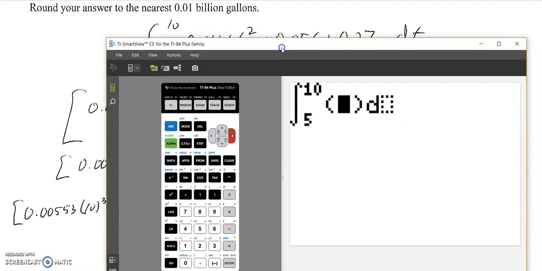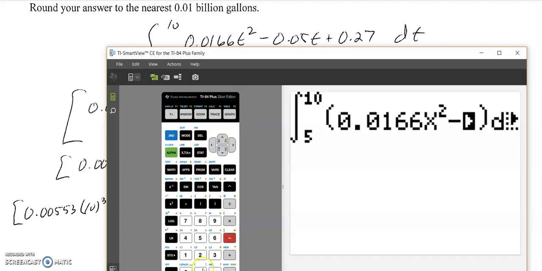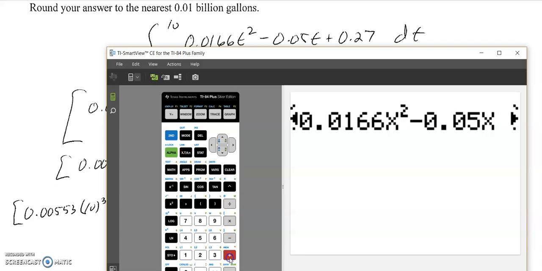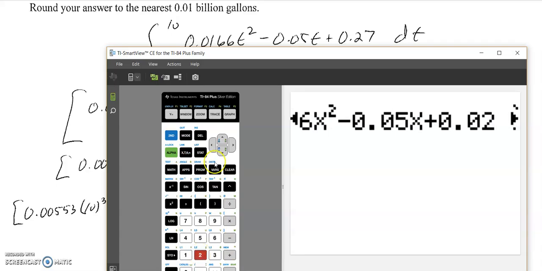and that's 0.0166 x squared minus 0.05 x plus 0.27.